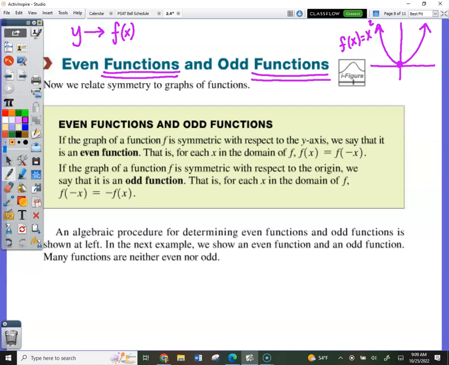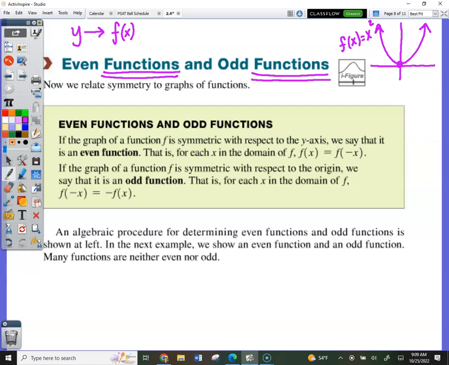No. If I rotate it 180 degrees around the origin, do I end up with the same imprint? If I rotate it? No. It would end up being up here, and now it would be down here, right? Is it symmetrical over the y-axis? Yes. Let's take some notes in this box.